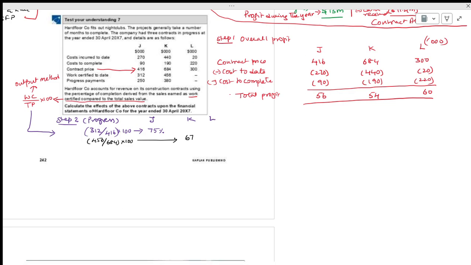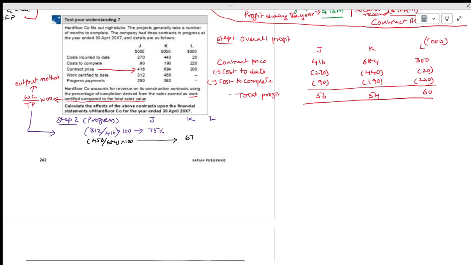If you get 66.66, you can straight away take 67%. Nothing will happen. This is not a principal error, it is a calculation adjustment. Take 67%.